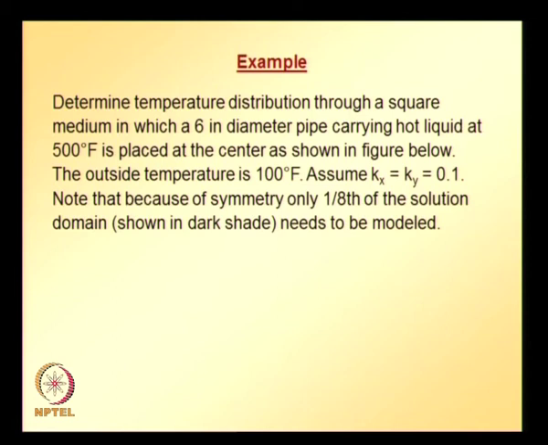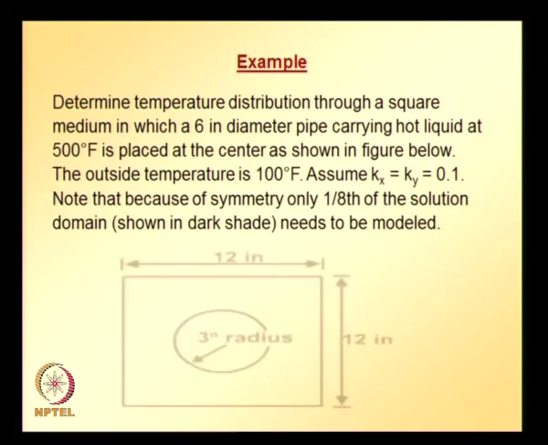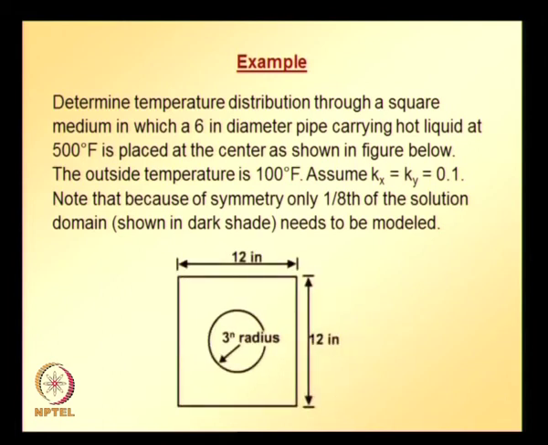A pipe carrying hot liquid at 500 Fahrenheit is placed at the center as shown in the figure below. Outside temperature is 100 Fahrenheit, and Kx, Ky, the thermal conductivity coefficients along the x and y directions, are given here.